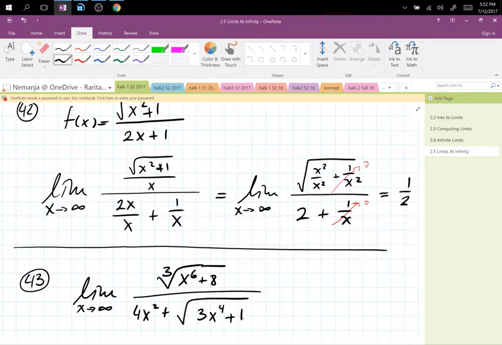Take a look at the highest exponent in the entire problem. So square root of x squared is x. So the highest exponent on the numerator is x, and the denominator just has 2x. So again, 43. What's the highest exponent?